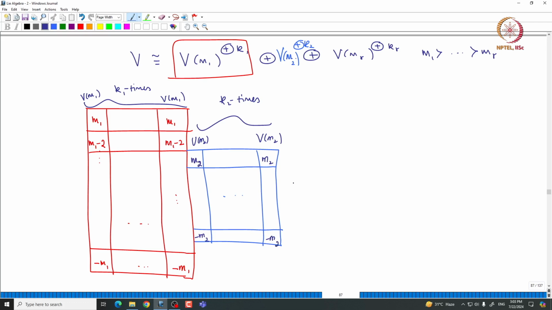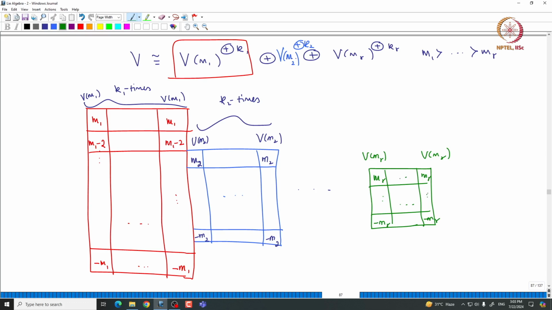Like this you have all these modules, and then finally you end up getting something like this: Vmr, Vmr and so on. So, this will be mr and mr and then minus mr, minus mr. This is how the combinatorial picture looks.